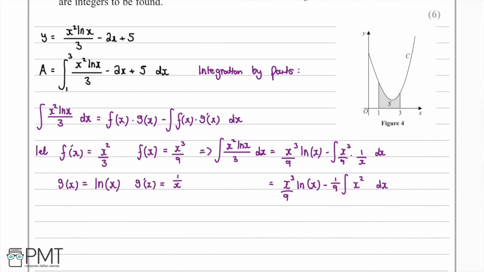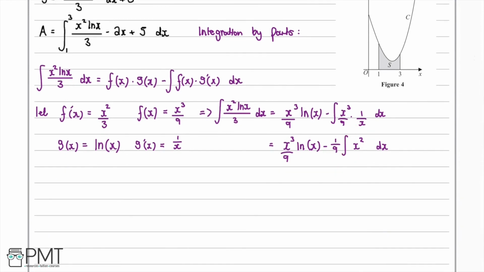So we can integrate x squared, and then we have the following. So we'll have x cubed divided by 9, then we'll have ln x, and then we know that this is then going to be negative 1 over 9 multiplied by x cubed over 3, which is going to come out as x cubed divided by 27.